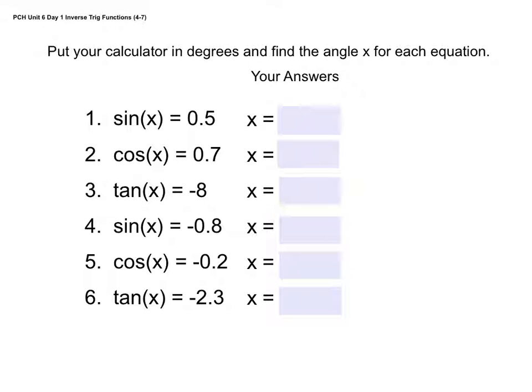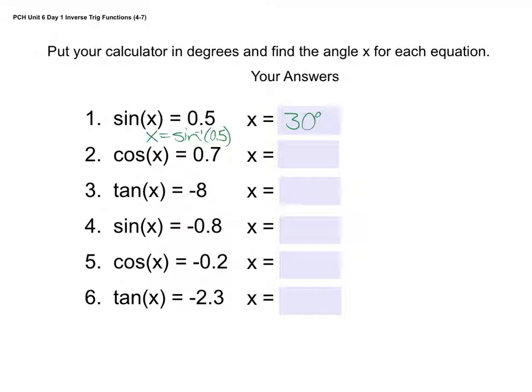We have sine of x equals 0.5, and you probably already know from your unit circle what the answer should be. But just so we can get practice using our calculators, x in this case would be the inverse sine. So you're going to hit second sine on the calculator. Inverse sine of 0.5. And what does your calculator give you? 30 degrees.